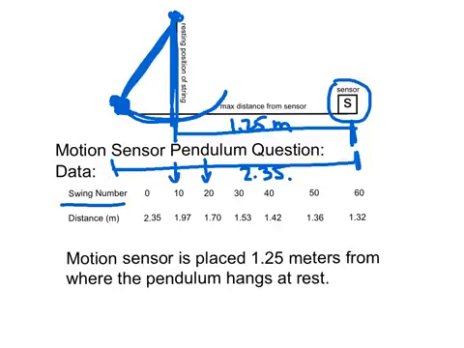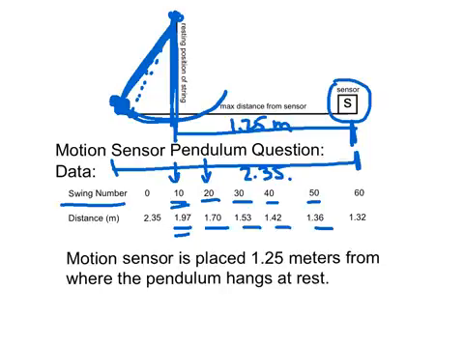After 10 swings, the furthest it is away from the sensor is now 1.97. So that would be somewhere out here. It's no longer getting any further away from the sensor than this. And as the swing numbers continue to go, this number gets lower and lower.